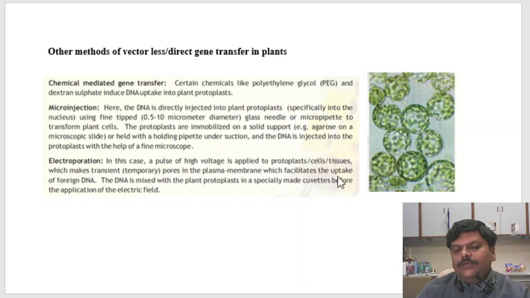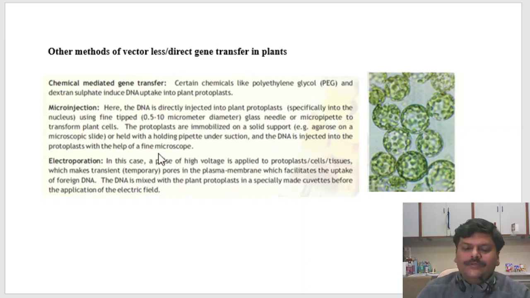What happens with this shock is that the protoplast ingests its surroundings, because during the time of that electric current, the plasma membrane sometimes breaks and rejoins itself, but during that breakage period, the surrounding solution enters the protoplast.